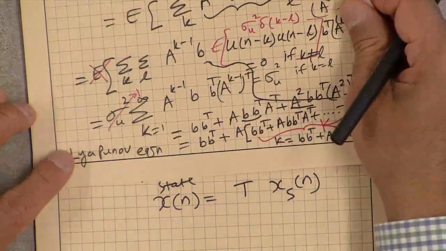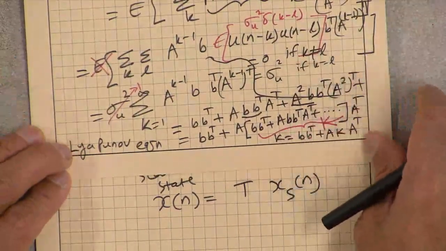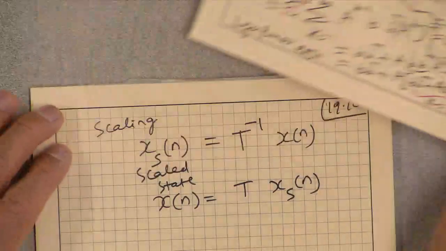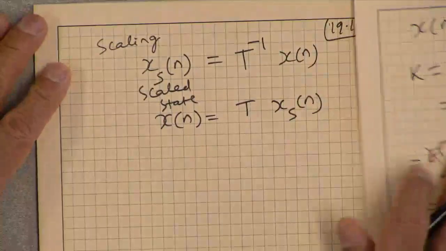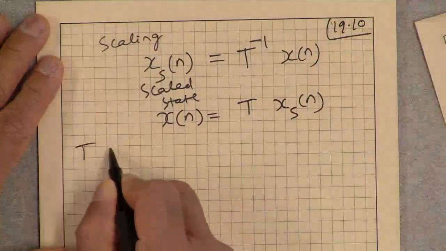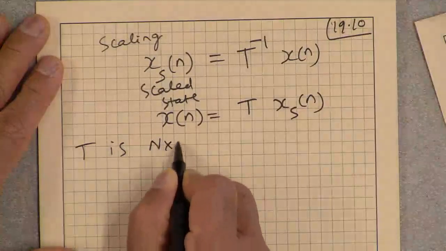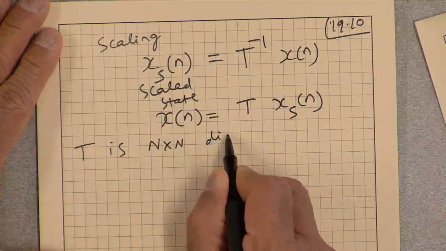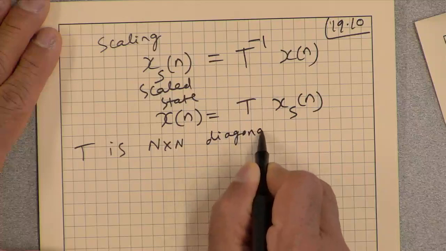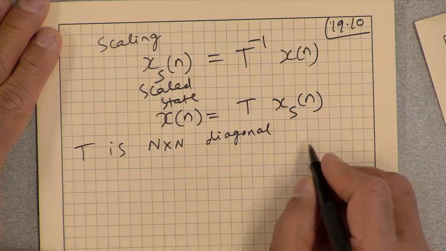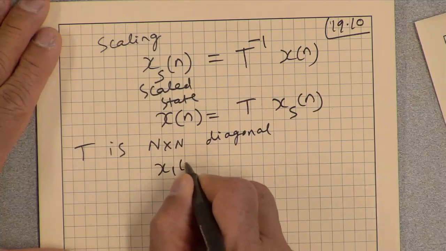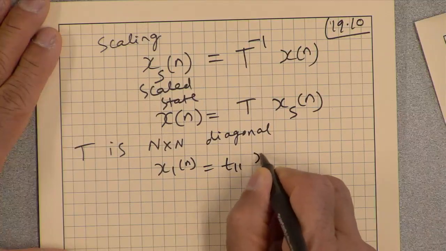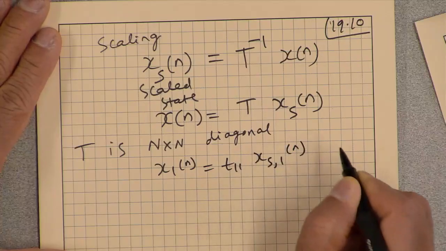T is an n by n matrix that is diagonal. That means x1n is going to be T11 times x scaled 1.